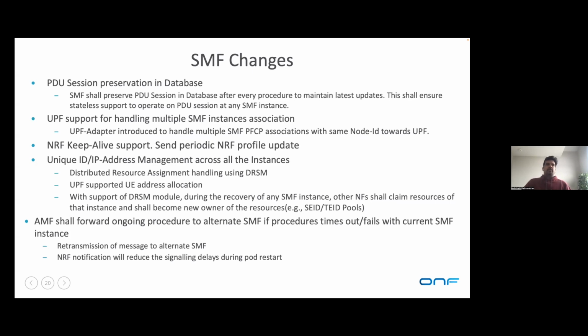Along with this, if the AMF is trying to discover an SMF and it fails because one of the SMF instances is down, we are adding features to detect that the SMF is down, and it can try among the other NF profiles for SMF that the NRF had given. So now the AMF can choose among them and contact the next SMF instance.